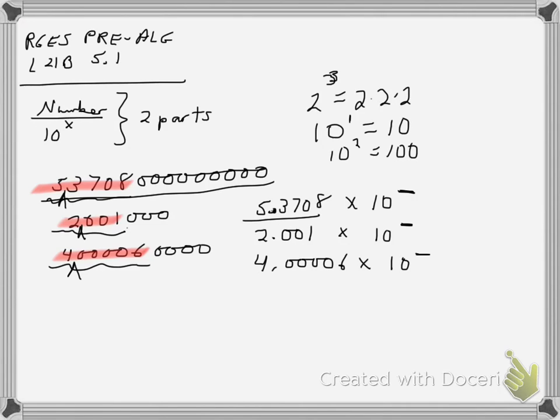Well, notice how many zeros. When I have 10 to the first power, that equals 10. How many zeros are there? Just 1. When I have 10 to the second power, how many zeros are there? 2. So the exponent is going to represent how many zeros? In this case, the trailing zeros, okay?